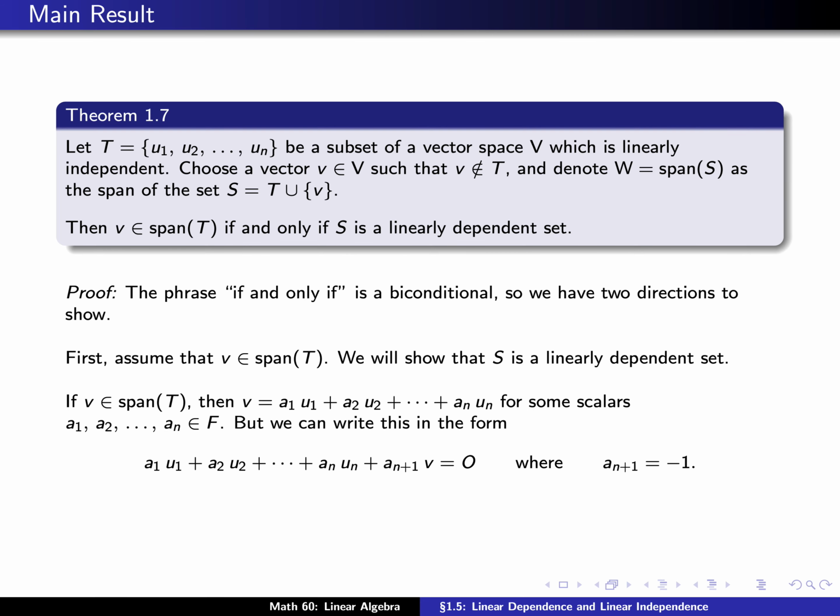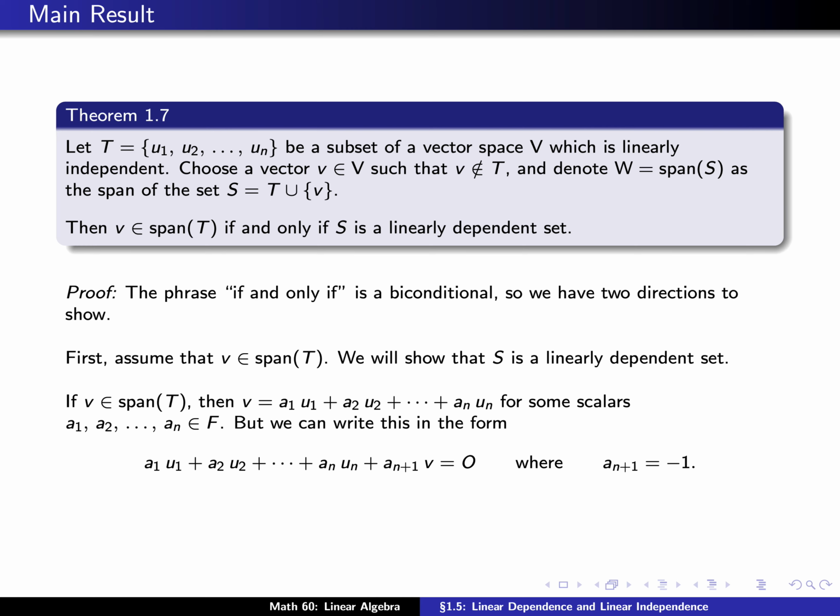Well, if v is in the span of T, then this means that v can be expressed as a linear combination of the vectors from T. Now, taking this vector v and moving over to one side, we then find the expression a1 times u1 plus a2 times u2 plus ... an times un minus v is equal to 0, the 0 vector.